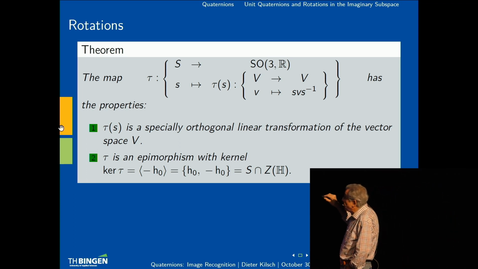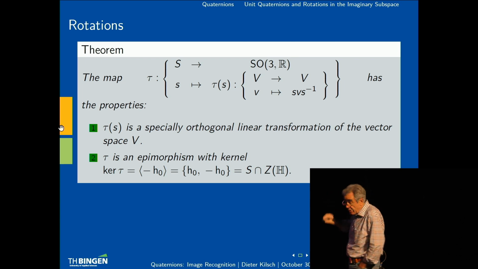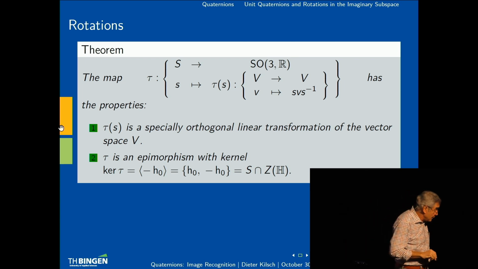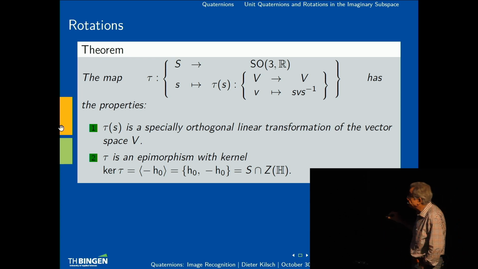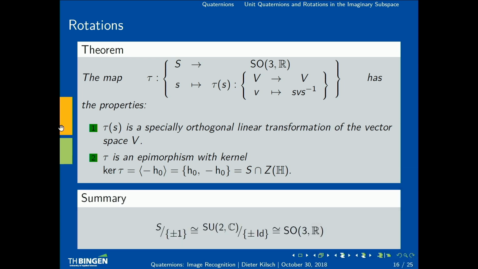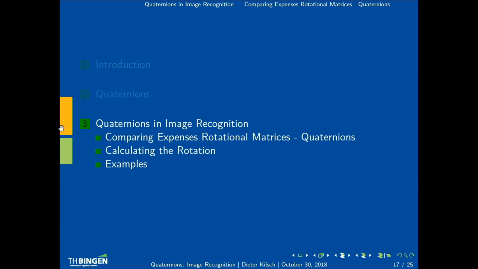But we have a kernel, so the kernel is rotation about 180 degrees, or taking the minus of the vector. And this really gives a map from S divided by plus minus 1, comparable to the special unitary matrices divided by plus or minus identity, to the special orthogonal matrices of dimension 3.